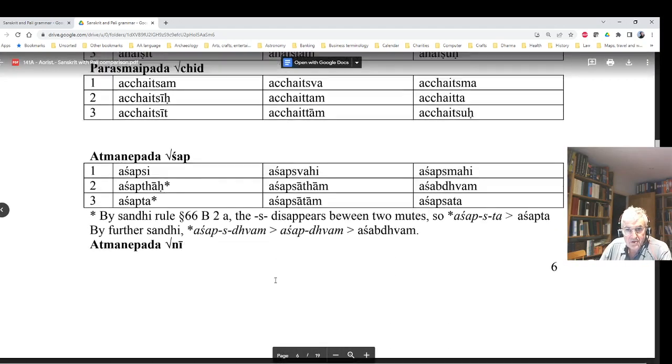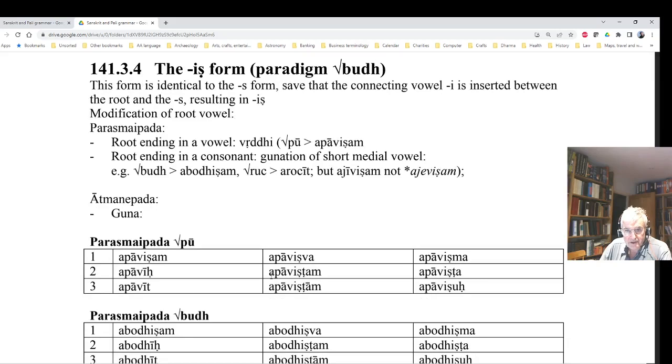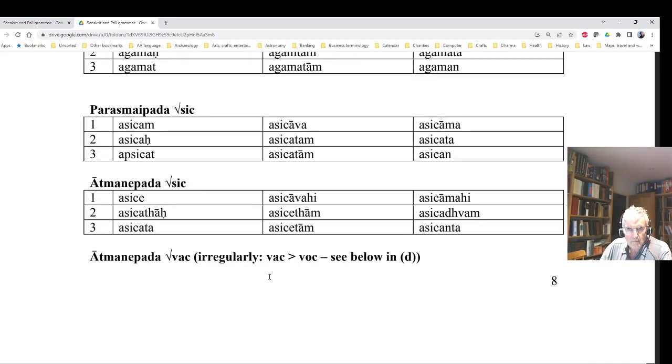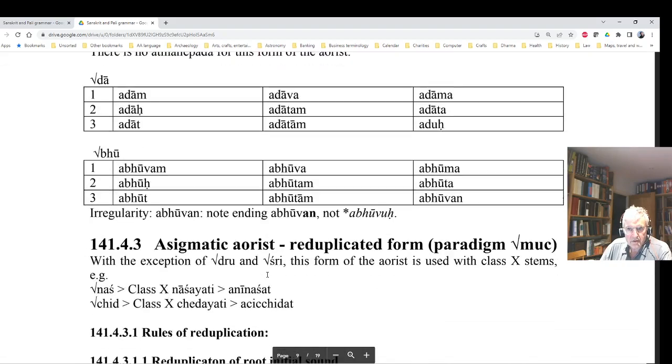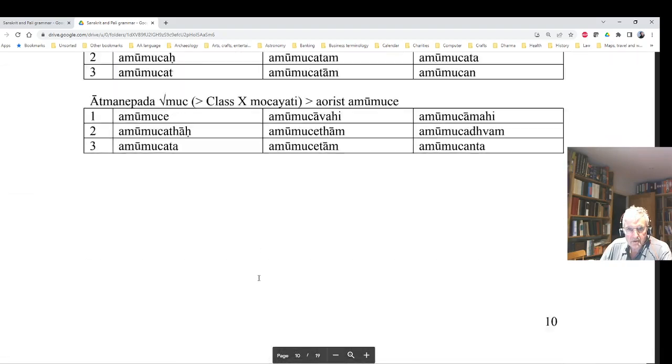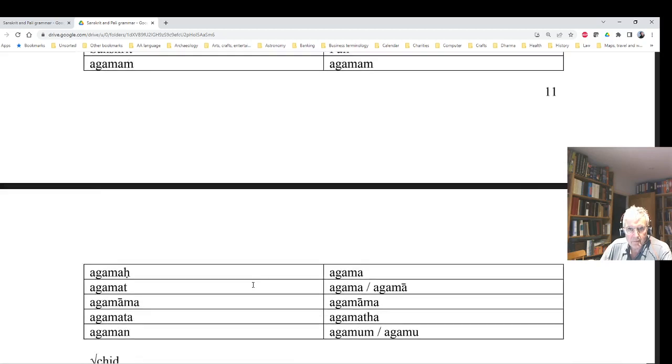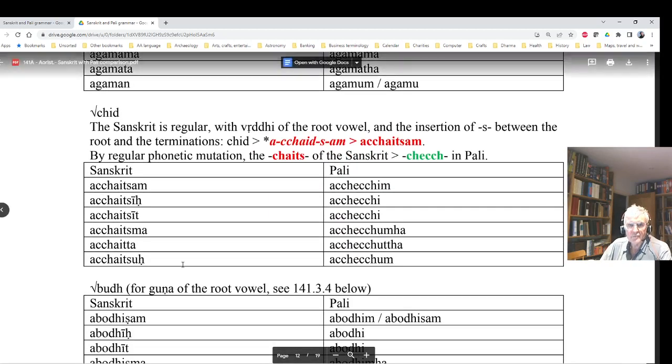And from that you get the Pali, for example, achechi. Let me scroll down. I'll get to it for you. We'll be there in a moment. Let's see. Here we are. So from the chid, you might see in Pali, he split something, achechi.